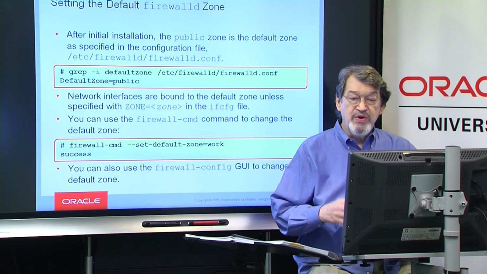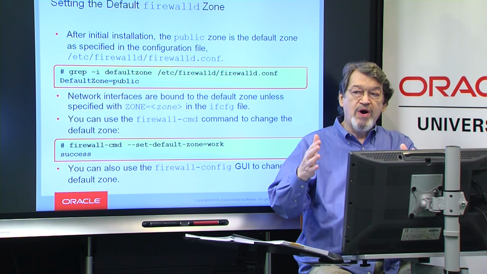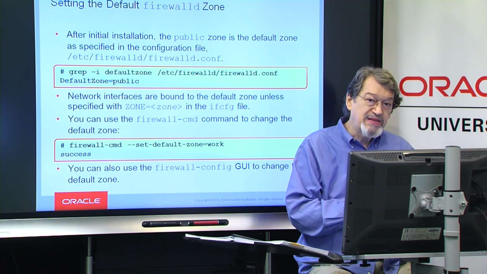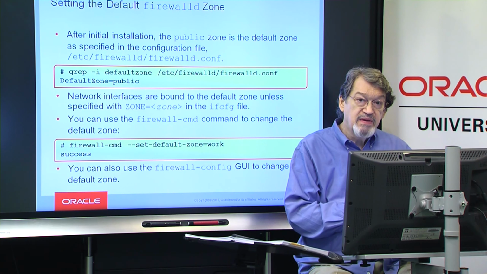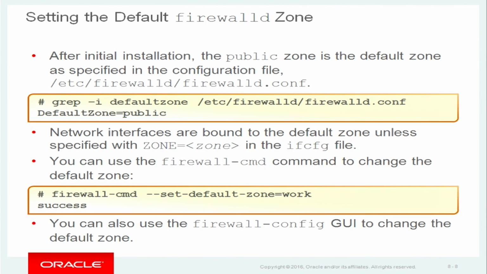So you can change it right now, test it, see if that's what you want, put Humpty Dumpty back the way he was. Or you can say, hey, I'm good with that. Let's make it permanent. It has a lot more robust testing capability than does iptables, at least in my opinion.